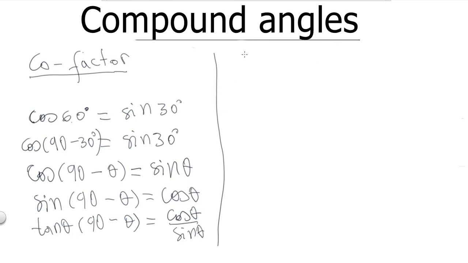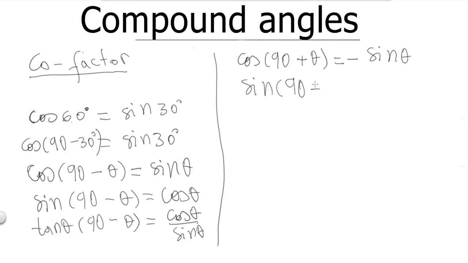Now, when it comes to cos of 90 degrees plus theta, remember, in the second quadrant, cos is negative, so you have a minus. And then you change here to sin theta. But when you have 90 degrees plus theta for sine, you still have a cos theta because sine in the second quadrant is positive.